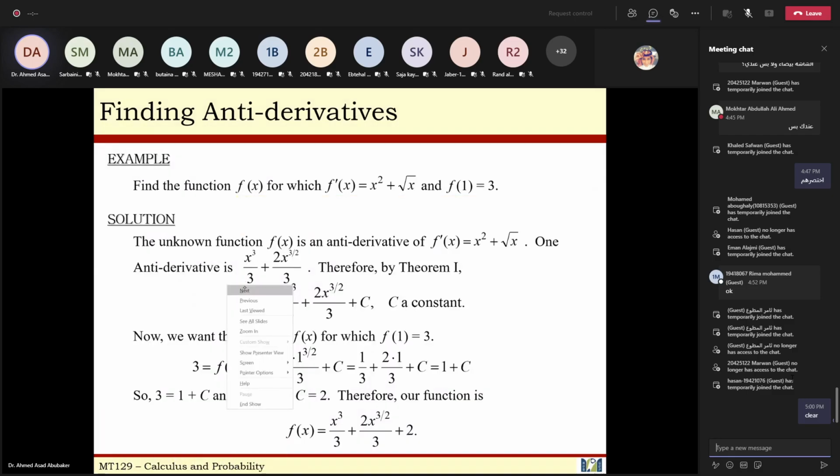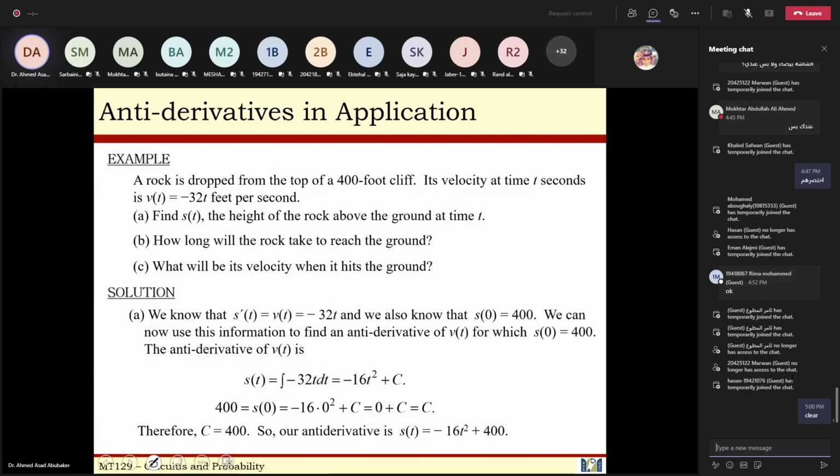This is another example, and this is some application. We already noted that any f equals the integral of f prime.